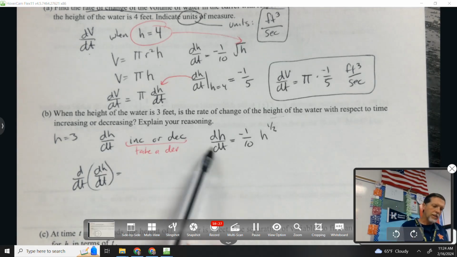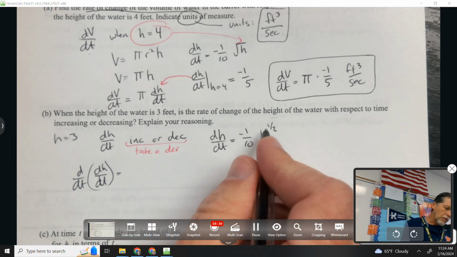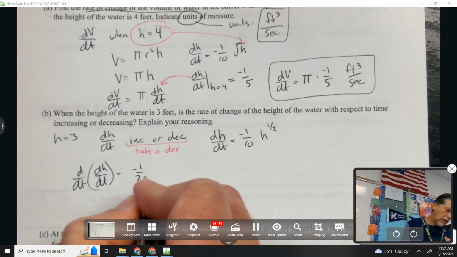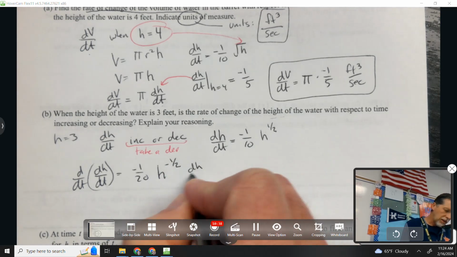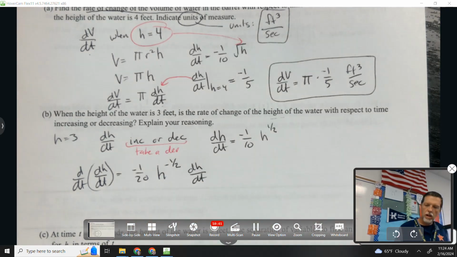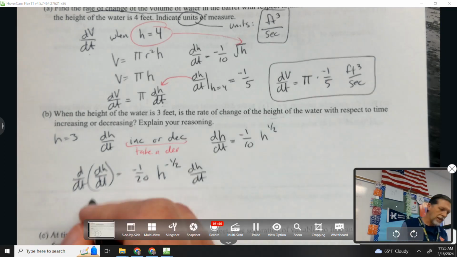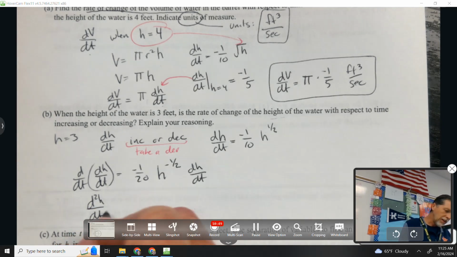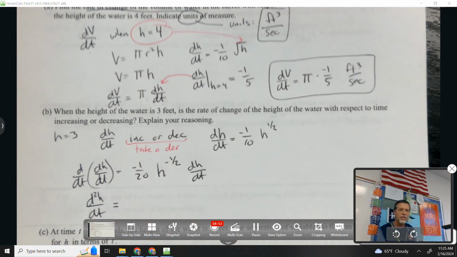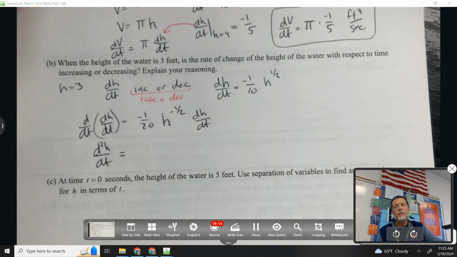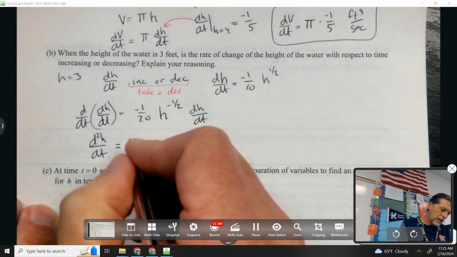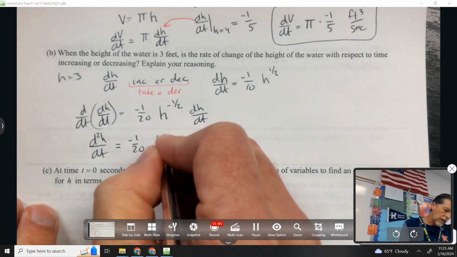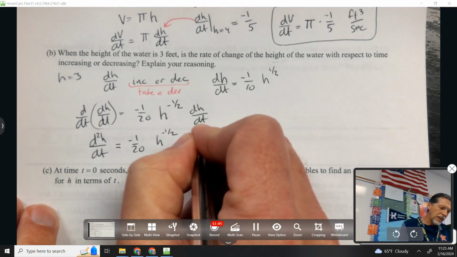So the second derivative is going to be 1/2 times negative 1/10 times h to the negative 1/2 times dH/dt. That's the second derivative. If the second derivative is positive, then dH/dt is increasing. If the second derivative is negative, then dH/dt is decreasing. But I don't know that yet, so I need to plug in. Oh, I have an expression for dH/dt.